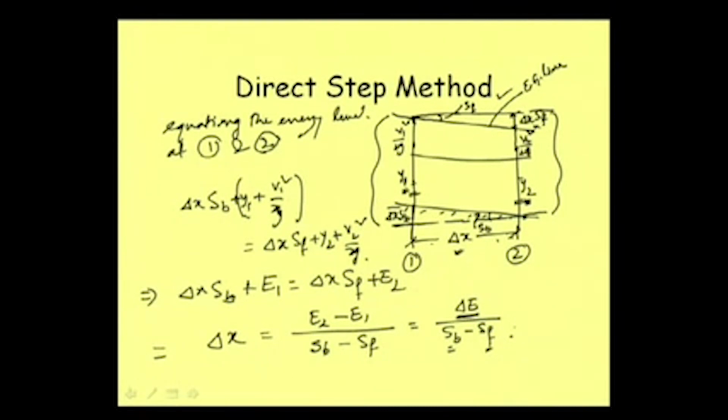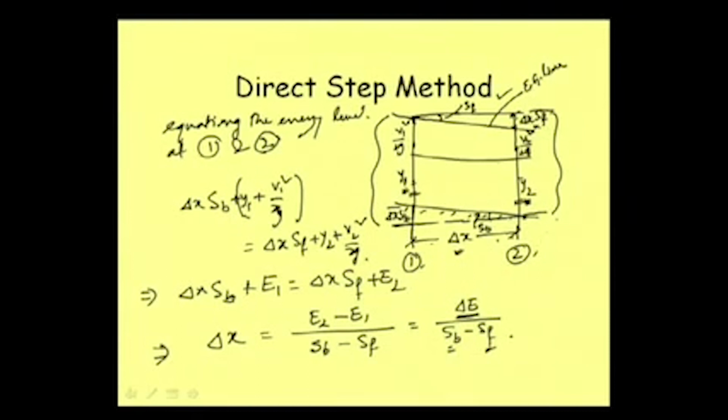Now, one point here is very important: although we are talking about SF, the SF at section 1 and section 2 will not be the same value, but we can compute this SF using Manning's roughness formula or Chezy's roughness formula.